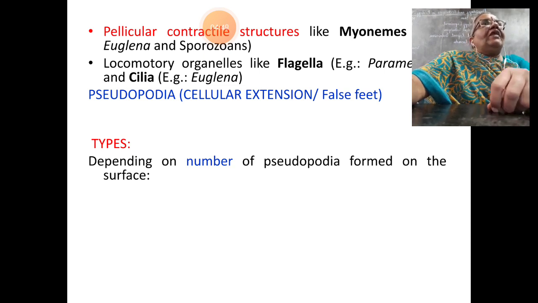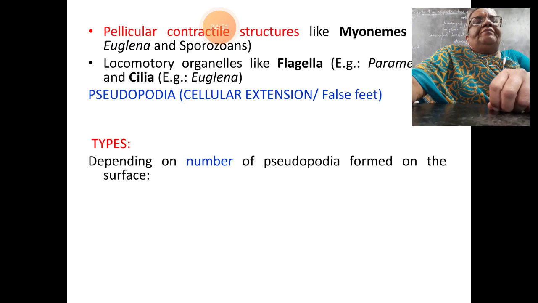Okay? Now, with this background, let us study the pseudopodia or cellular extension or false feet, as they are called by various names, in detail. Pseudo means false, poda means foot. Okay. So they are actually called false feet. Basically, since they are cellular extensions, they are also called cellular extension.